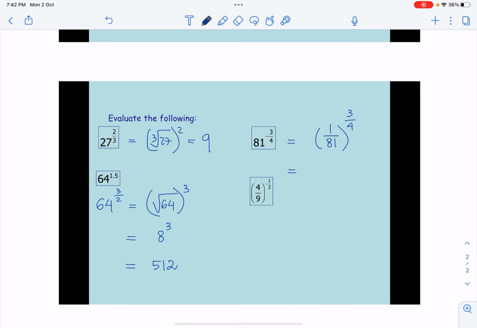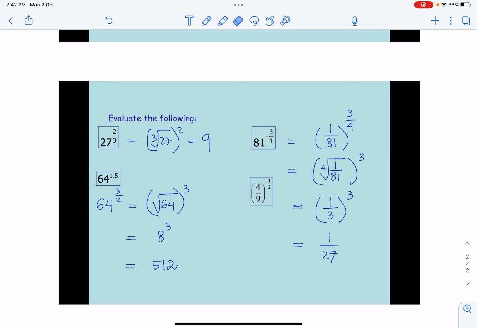So meaning in this case, we are going to take the fourth root of 1/81, and then we are going to cube it. So something times something times something times something is 1/81, answer is 1/3, because 1/3 times 1/3 times 1/3 times 1/3 is 1/81. And then we are going to do power 3 on that. So 1/3 times 1/3 times 1/3, answer is 1/27. So that's the answer to the third question.